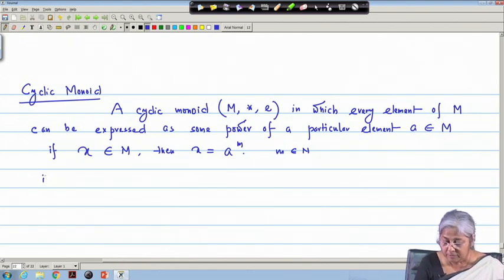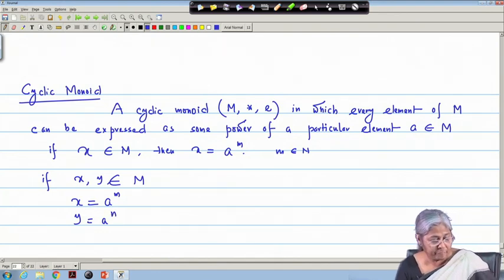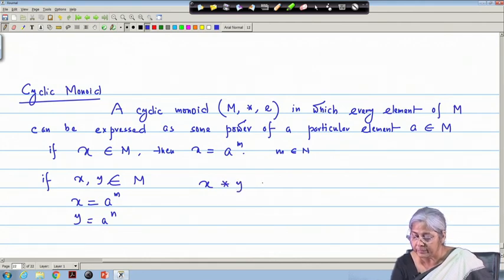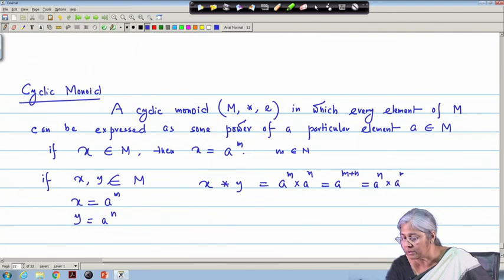Now, if x and y are two elements that belong to M, obviously we can write that x equals a to the power m and, say, y equals a to the power n. Then I can write that x star y, that is a to the power m times a to the power n, is a to the power m plus n, is a to the power n times a to the power m.